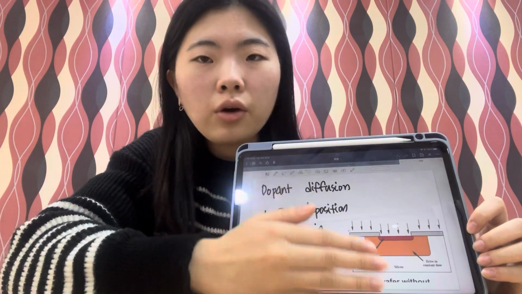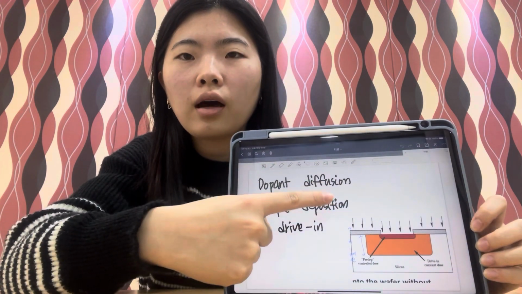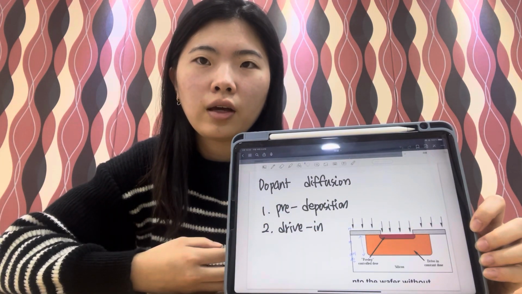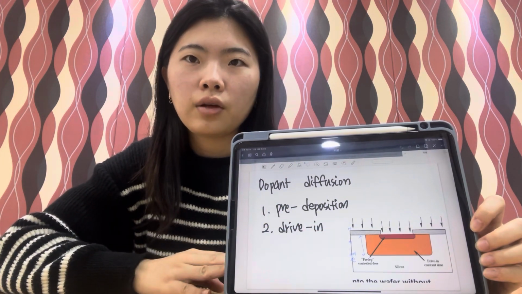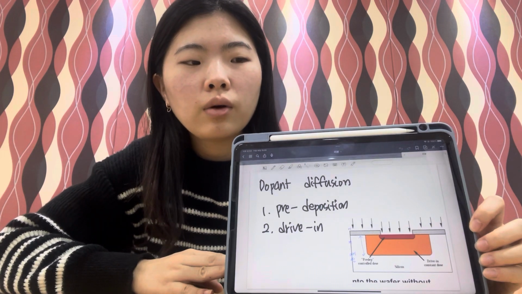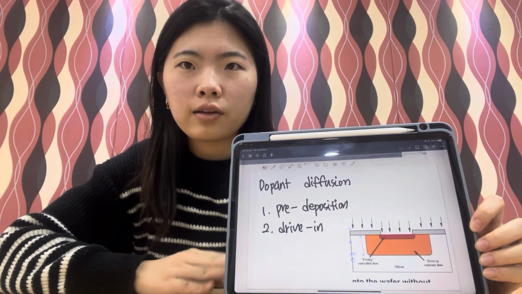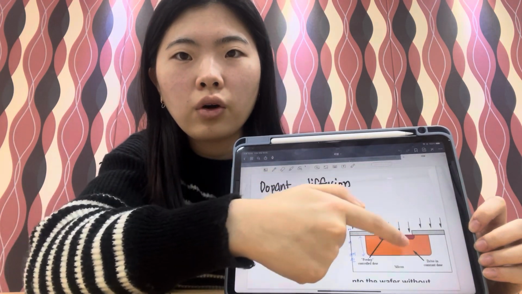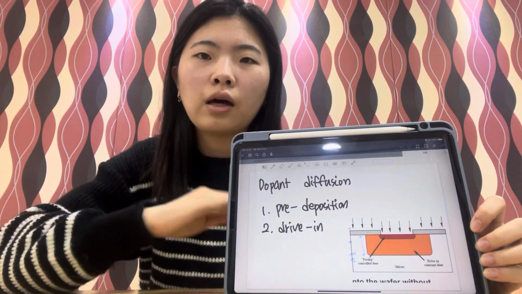Because of that heat, the electron gets some energy, and that means the electron can be activated. When the electron has activation energy, those electrons move to the downside.